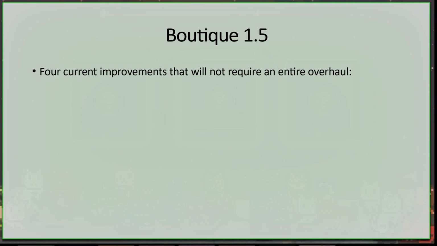There are 4 improvements that will not require an entire overhaul of the boutique. These are things that we've heard talked about, and that we've been thinking about as well. These ones fit into not an entire overhaul possibility, which is why we call it the 1.5 boutique as opposed to a fully re-realized boutique.